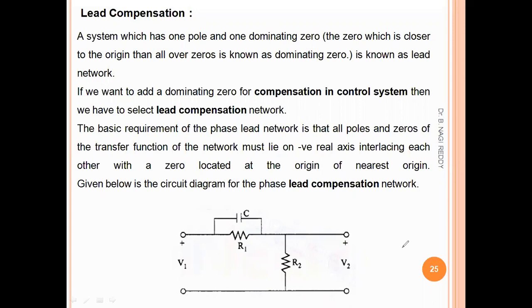According to the transfer function definition, it is the Laplace transform of the output voltage to the Laplace transform of the input voltage, with initial conditions set to 0. So V2 of S by V1 of S will be the transfer function for this electrical network. So write the equations and bring out V2 of S by V1 of S.